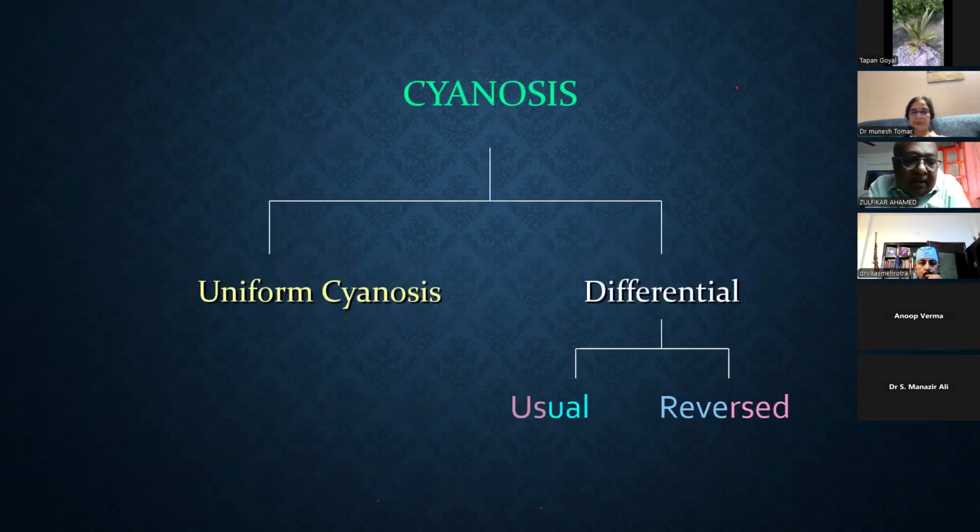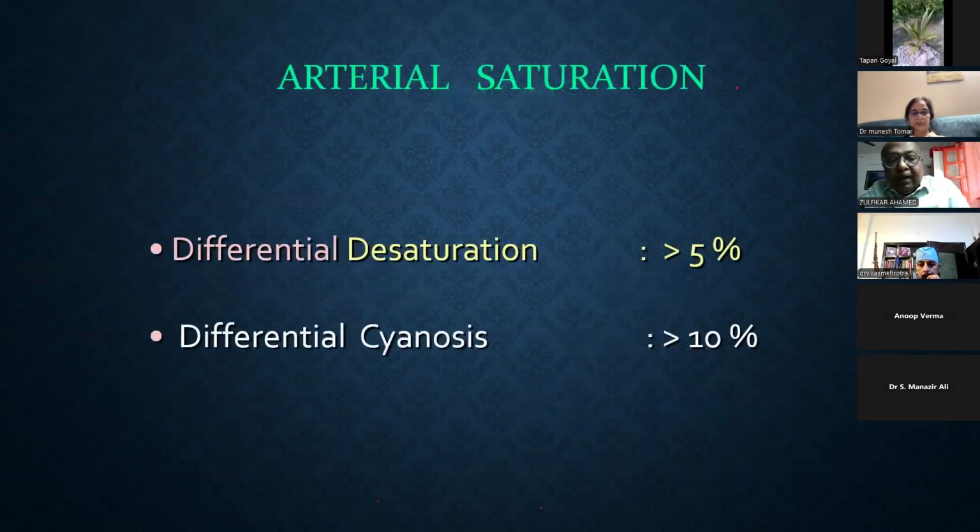Now, when we speak about central cyanosis, we can divide them into uniform central cyanosis and differential cyanosis. And for a differential cyanosis to be clinically evident to a clinician, the saturation difference between the upper part and the lower part should be more than 10%.